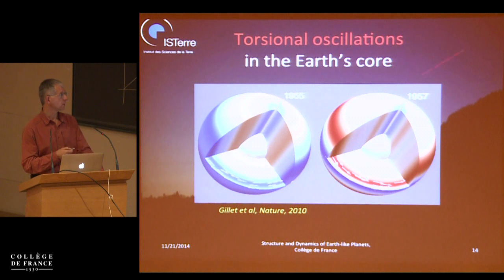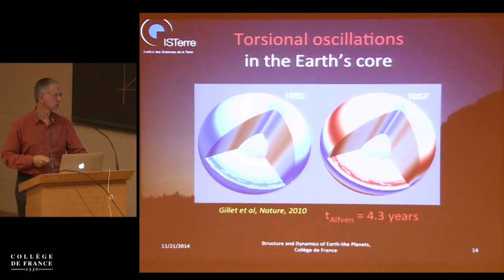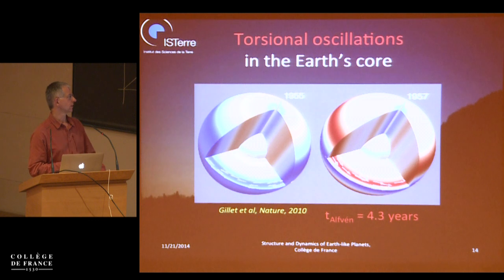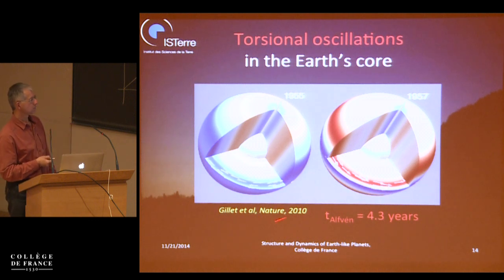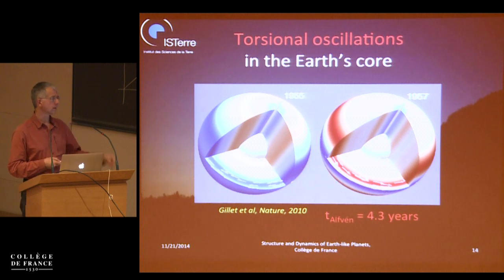And this is one image of what's been, in fact, recovered from observations by Nicolas Gillet, Dominique Jault, Alexandre Fournier, Elisabeth Canet in 2010. From magnetic observations, and Véronique this morning mentioned that it also has a signature in the length of day, which is very convincing.